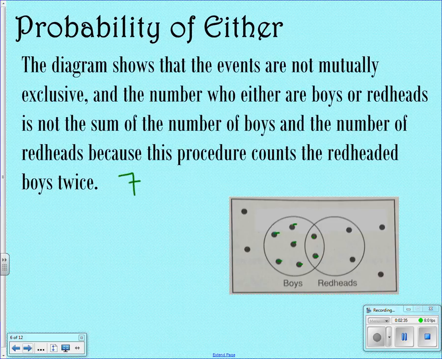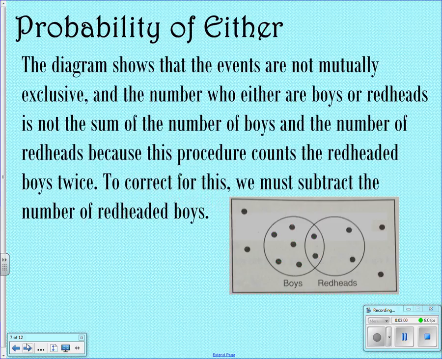We have 7 boys. The number of redheads that we have is 4. Right? 7 plus 4 is 11. However, we counted 2 people twice. So we actually need to say 7 plus 4 minus 2 to give us a 9. That is how many we have that are boys or that are redheads.